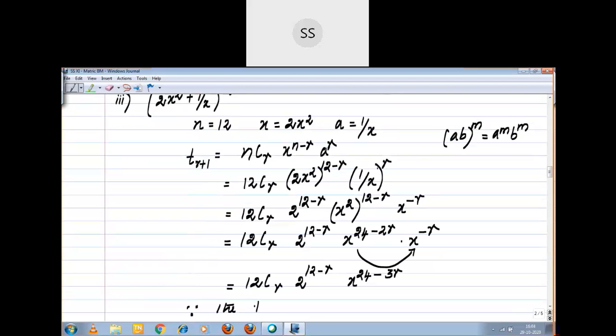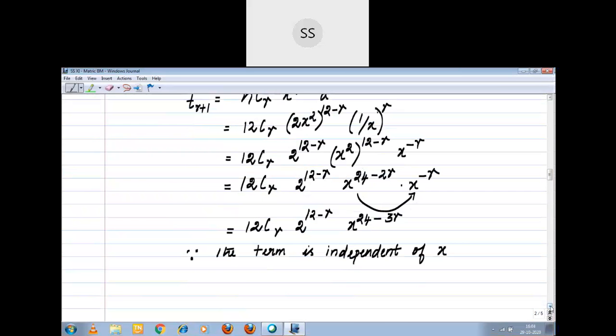Since the term is independent of x, the power of x you are going to equate with 0. Here what is your power of x? 24 minus 3r you are equating with 0, I said, right? Then 3r equal to 24, r equal to 8.